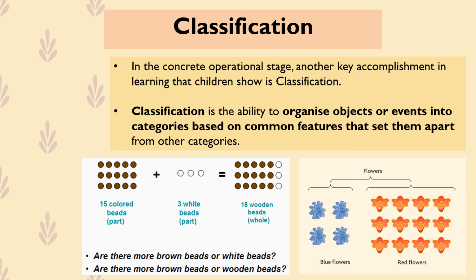The first way they might try to organize those M&Ms is by dividing them into red M&Ms in one pile, green M&Ms in another pile, maybe the yellow M&Ms in another pile. So they're able to organize objects or events into categories based on common features like color, like shape, like size, etc. So that's basically what classification is, organizing information based on common features or qualities that set them apart.